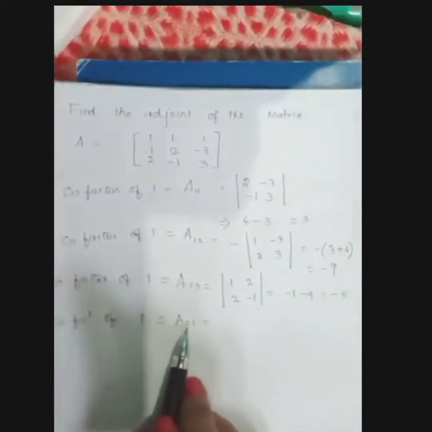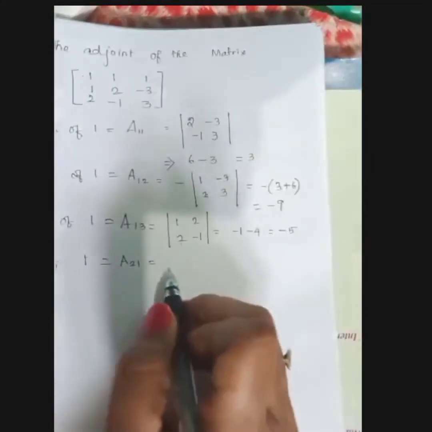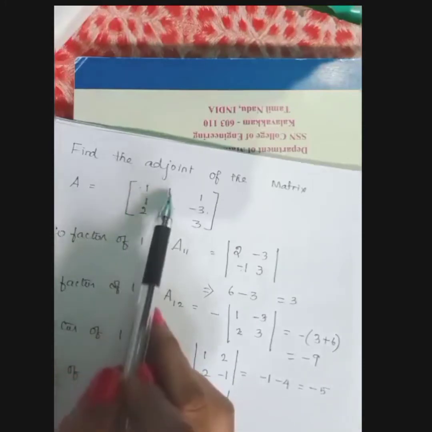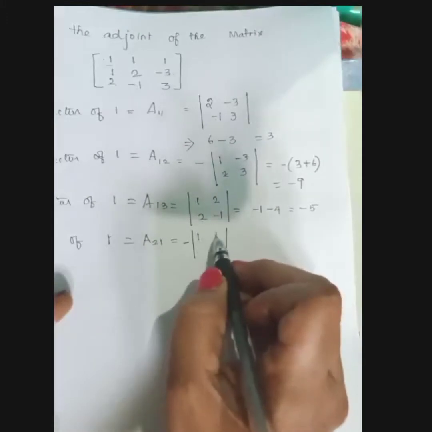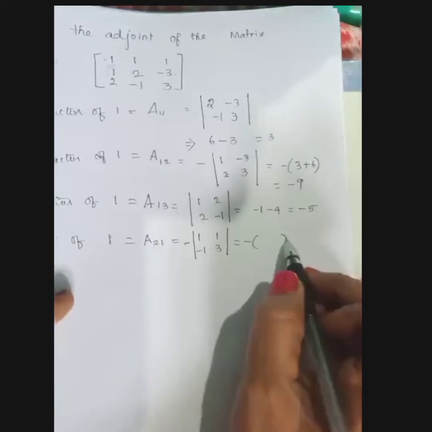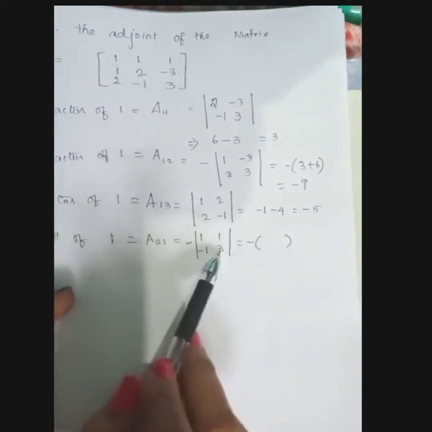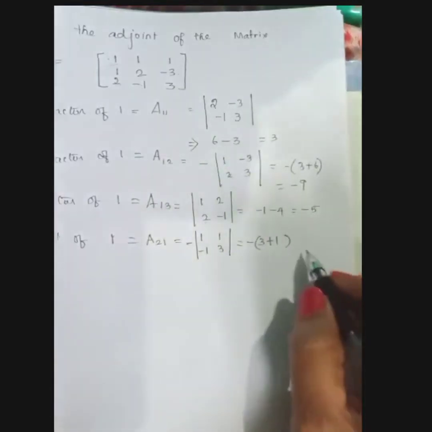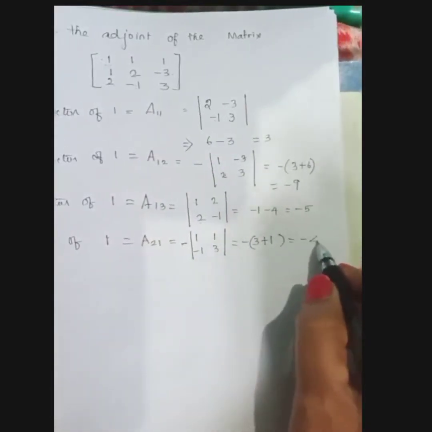Again the sum is odd, so you have to multiply minus with the determinant, that is leaving this row and this column, we have 1, 1, minus 1, 3, so minus is there, right within the bracket, 1 into 3 is 3, minus the product of these two elements is minus 1, and already we have minus, so plus 1, which is going to be minus 4.